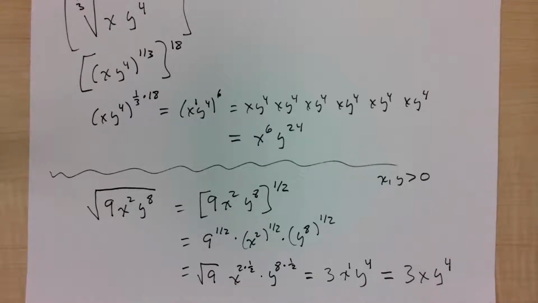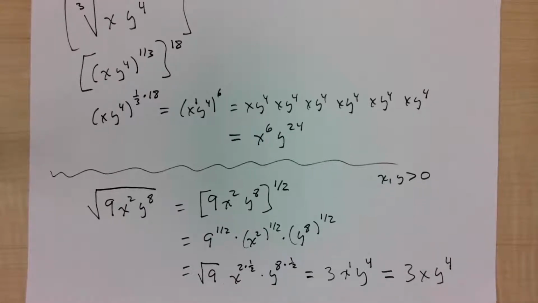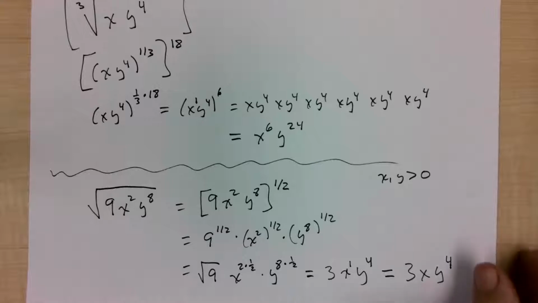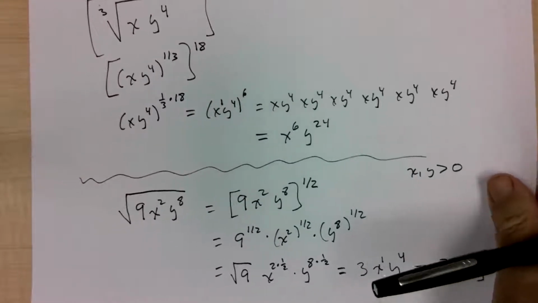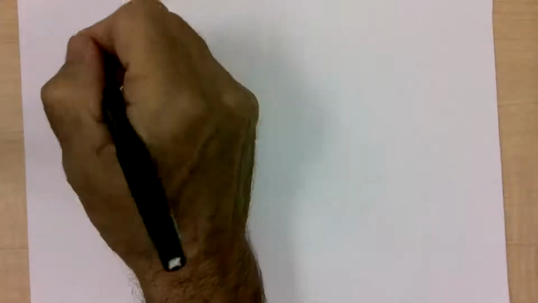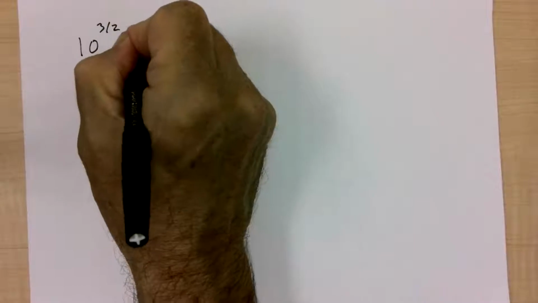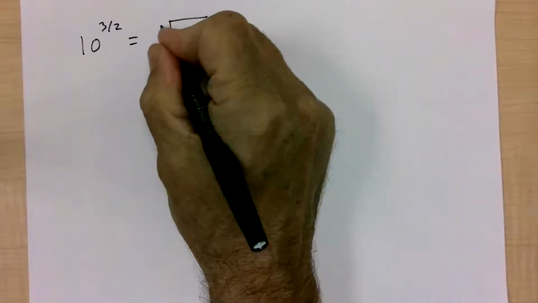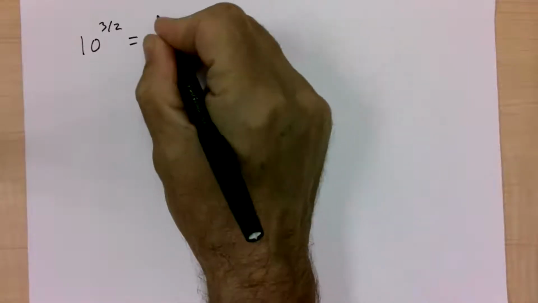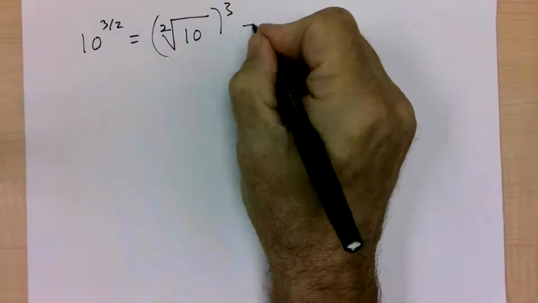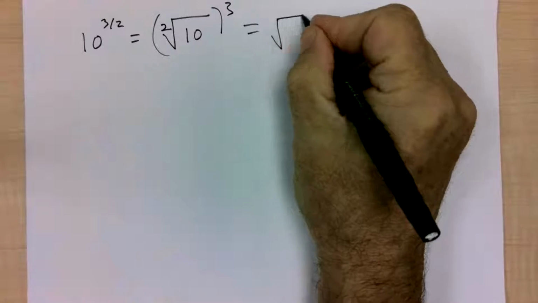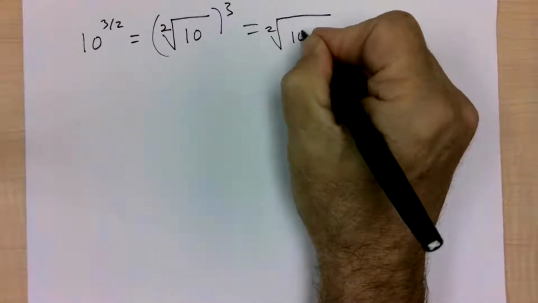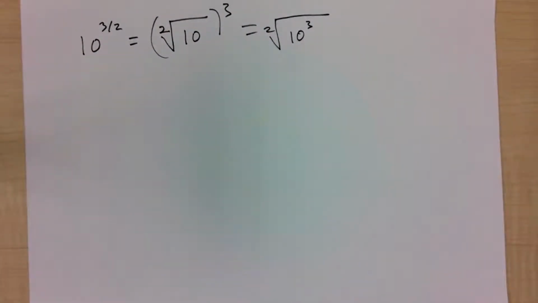So let's summarize our big ideas here in terms of our fractional exponents. What do they mean? If I have 10 to the 3/2 power, that means it is the square root, put a 2 there for emphasis, of 10 to the 3rd power.